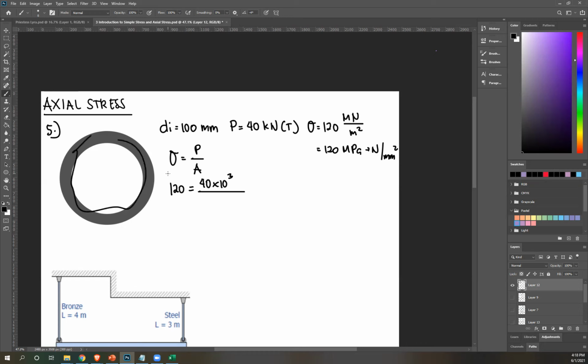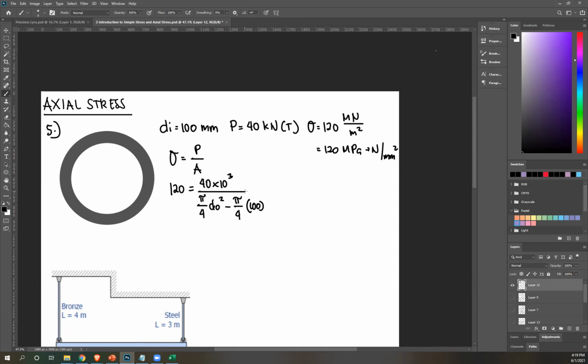This is your area. It's a ring, and recall the area of a ring is just the outer circle minus the inner circle. So pi over 4 d squared for the outer diameter first, minus this empty space, which is again the area of a circle, pi over 4 d squared. DI is 100 millimeters, uniform, so I can use that.